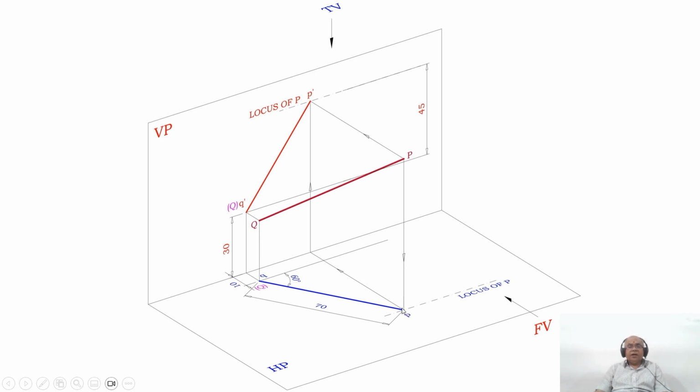Then once you get the front view and top view here, through Q you draw a line in space. So you got capital P. Here the entire distance is going to be how much? It is 75 with respect to HP, and this distance is from here to here, which is the locus of P. So once you do that, you are going to get the line in space.